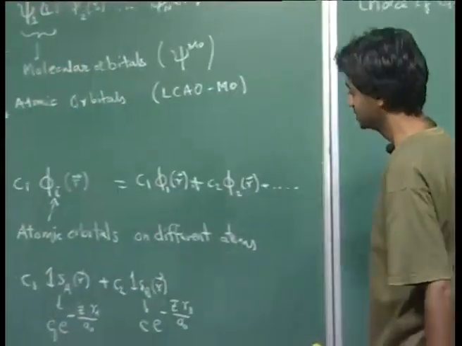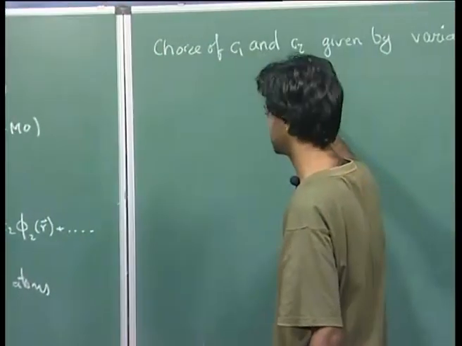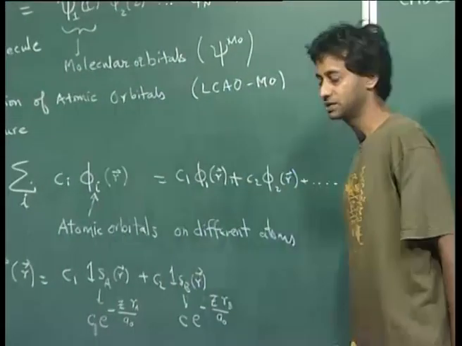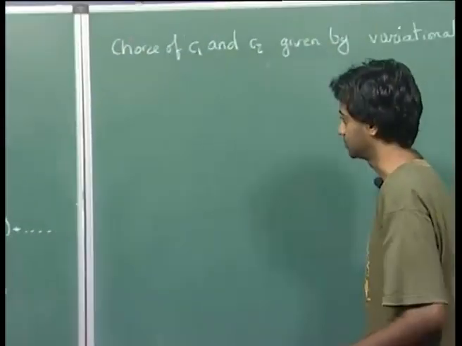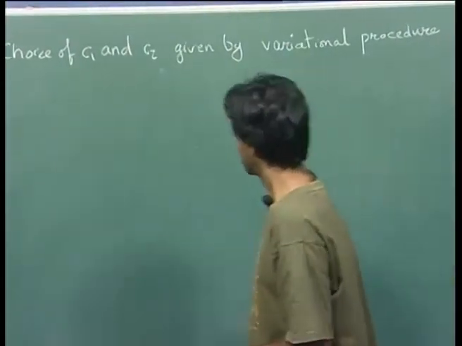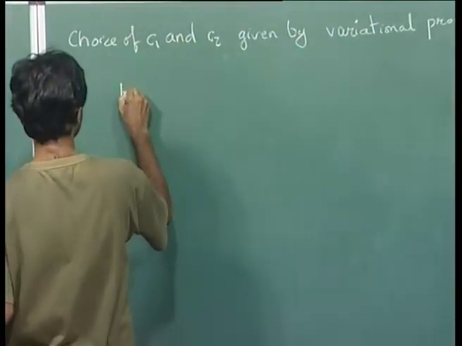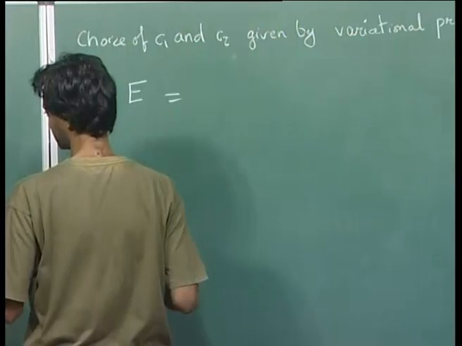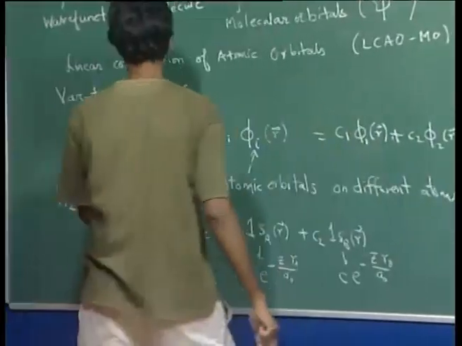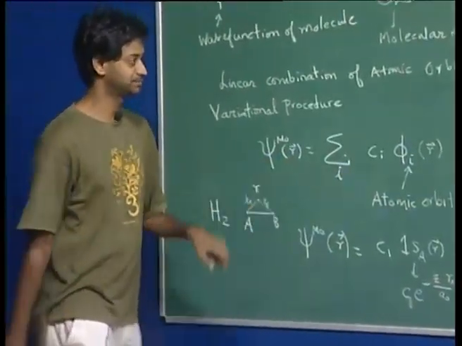The choice of C1 and C2 that gives you the lowest energy turns out to be the best choice. Okay, so we calculate the energy of an electron in this molecular orbital.